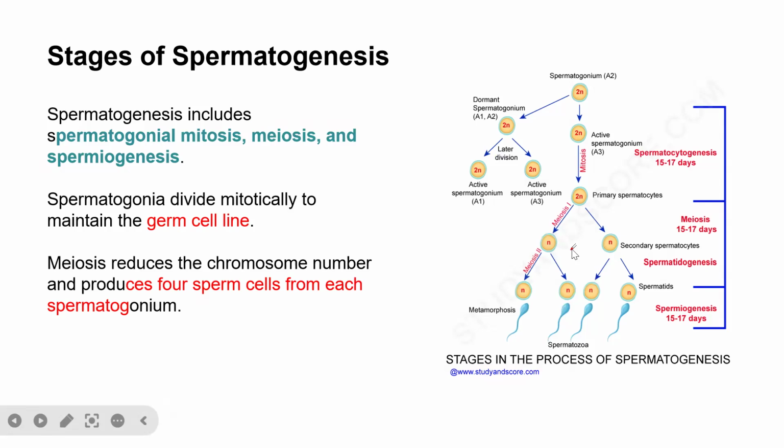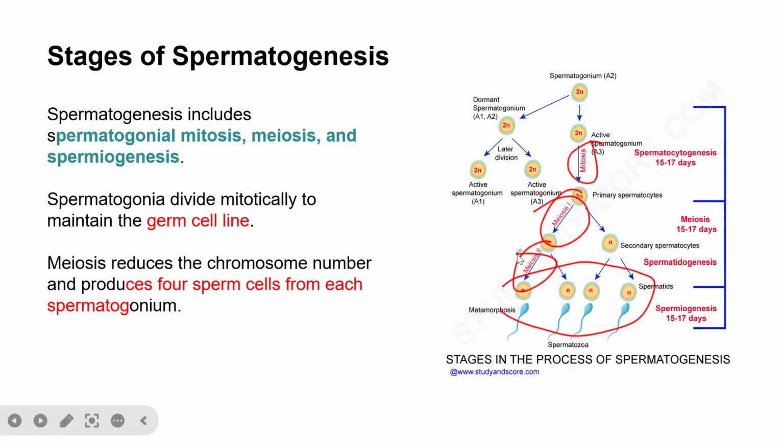The meiosis also takes another 15 to 17 days. Then at the end, we have spermatozoa. So as we can see, from a single spermatogonium, 4 sperm cells are generated, and it involves mitosis, meiosis 1, and meiosis 2.